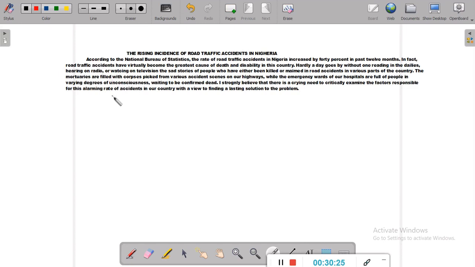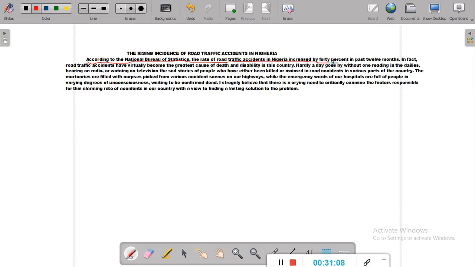Okay, so let's look at what we have put down here as our hook. We have decided to use some information that is a statistical fact. We are saying here that according to the National Bureau of Statistics, the rate of road traffic accidents in Nigeria has increased by 40%. Well, let's get it right.